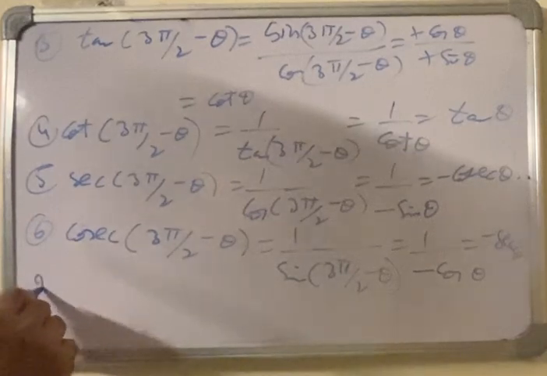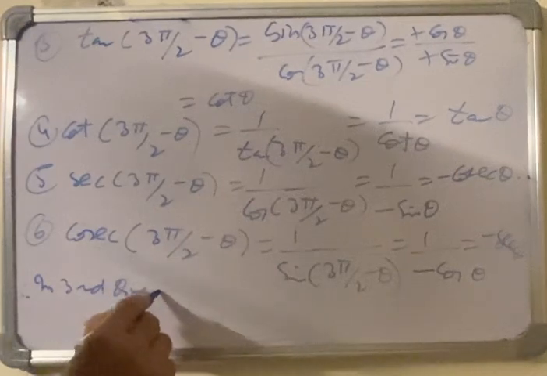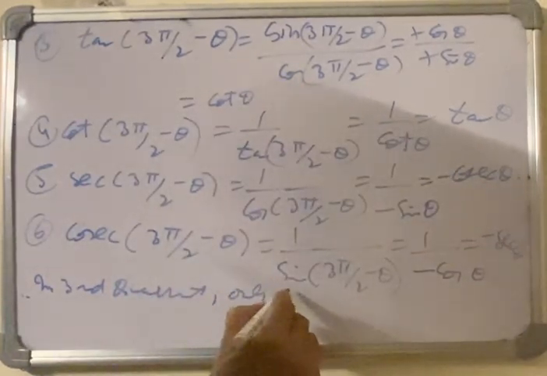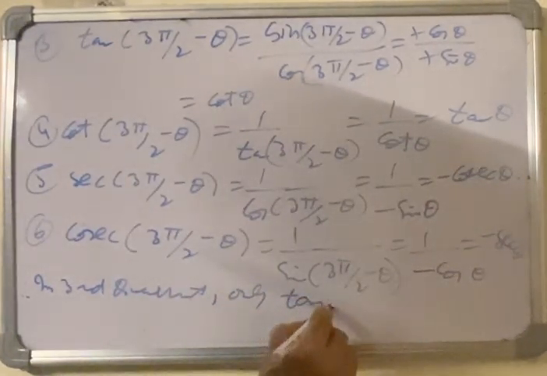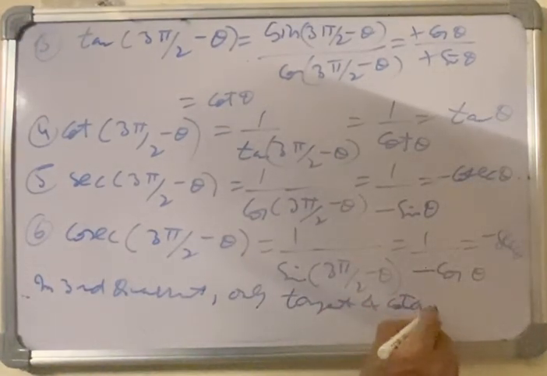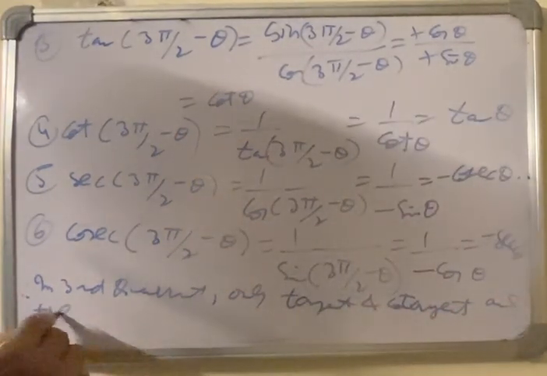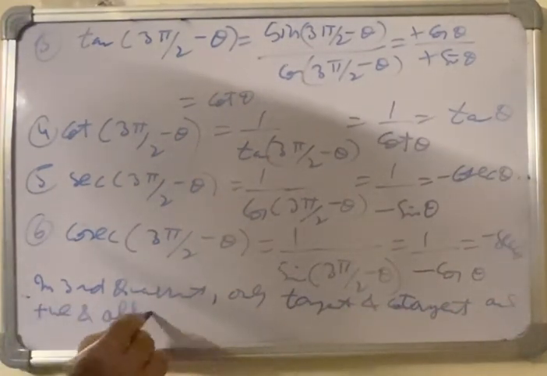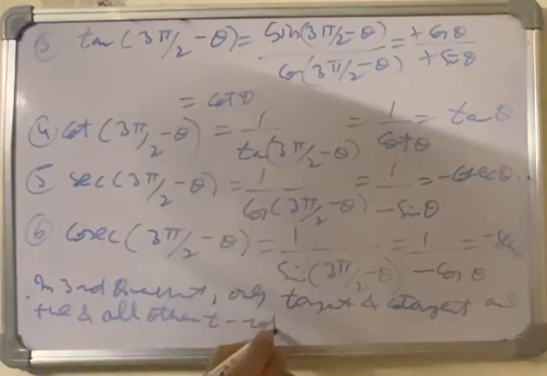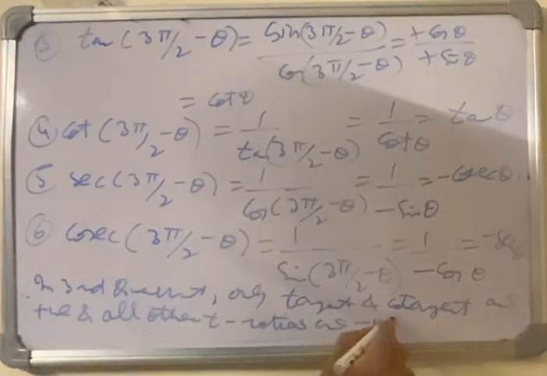Therefore, in third quadrant, only tangent and cotangent are positive, and all other trigonometric ratios are negative.